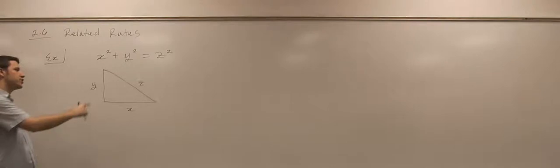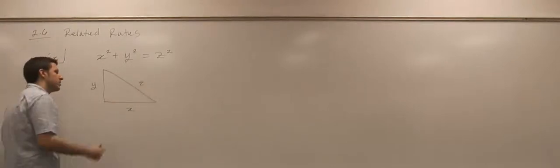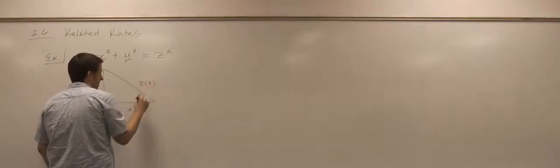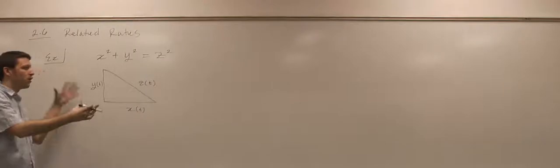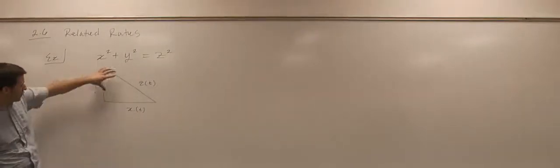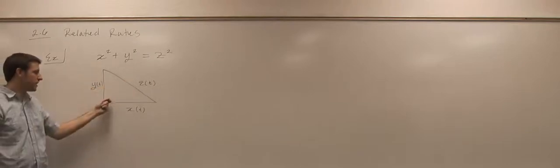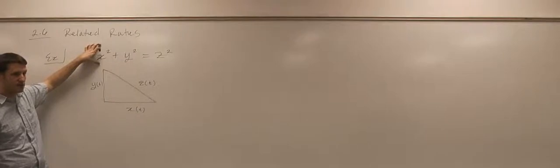The idea is we're going to treat each of these lengths as functions of time. So depending on the situation, these side lengths of this triangle may be growing or shrinking with time. If you assume that, then what you can do is differentiate both sides of this equation with respect to time.